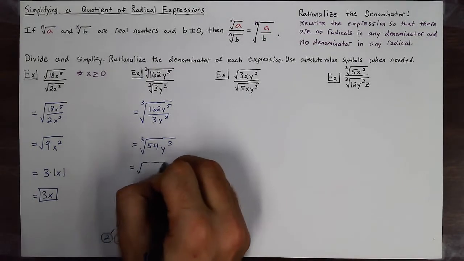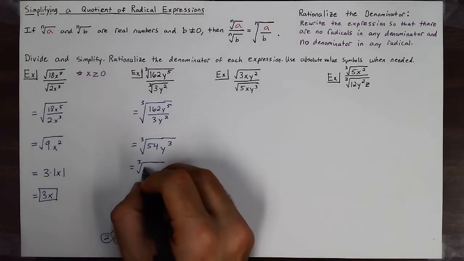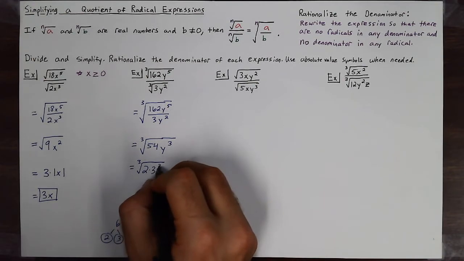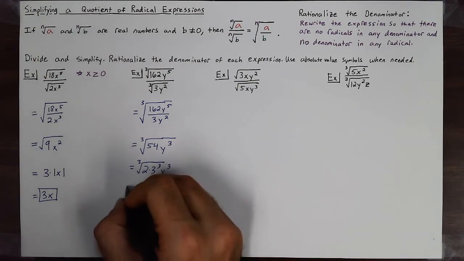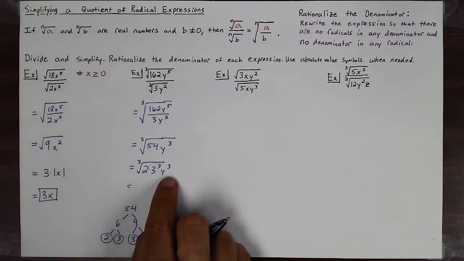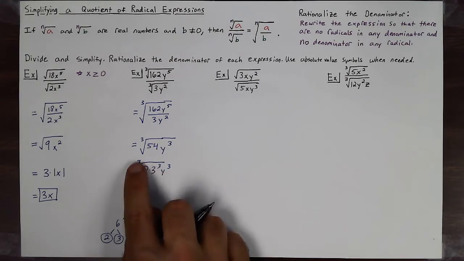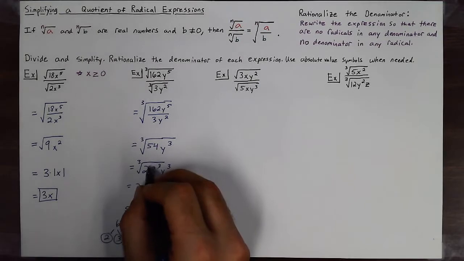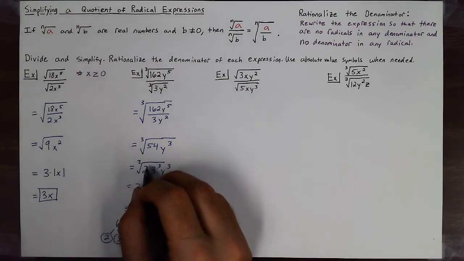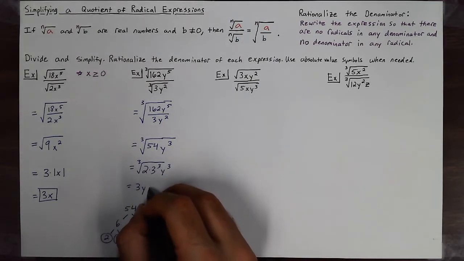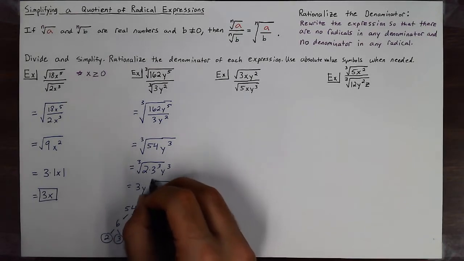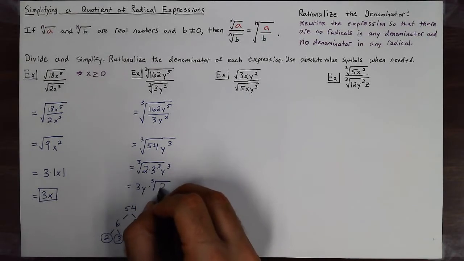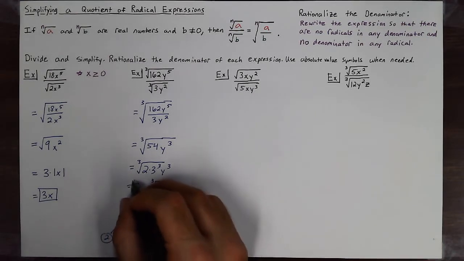That's going to help me see where a perfect cube is. Because now I see that I have 2 perfect cubes, this 3 and this y. That will cancel out those powers, leaving me with just 3y. But that 2 is only raised to the first, so 3 can't go into that 1. So that's just going to remain inside of the cube root. So I have 3y times the cube root of 2.